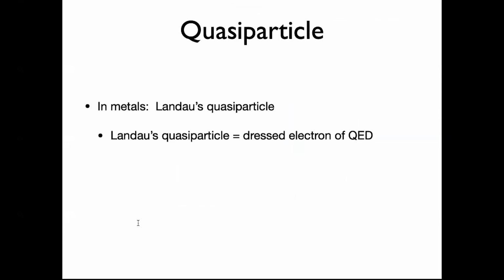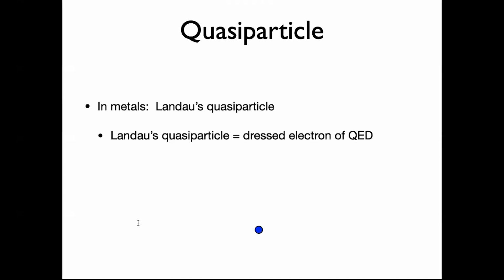Now, let's return to the notion of quasi-particles. Here, we have to remember that in metals, which are interacting systems of electrons, we have a theory developed by Landau. In this theory, the Landau quasi-particle can be thought of as an electron that is dressed by a cloud of electron-positron pairs, similar to what we should be thinking about for electrons in quantum electrodynamics.